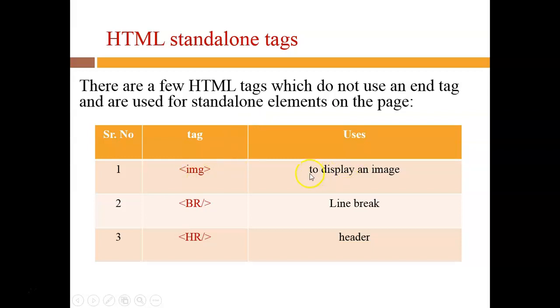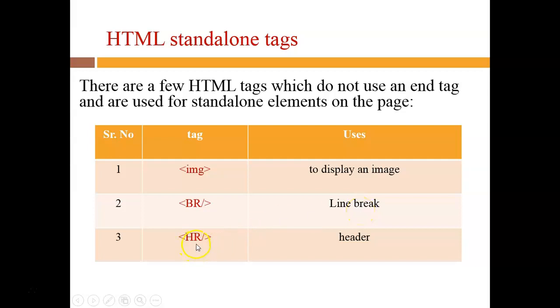The use of this is to display an image. Second one is the BR tag. If you observe here, we are giving / after BR, and this tag we use for breaking the line or making the next line.